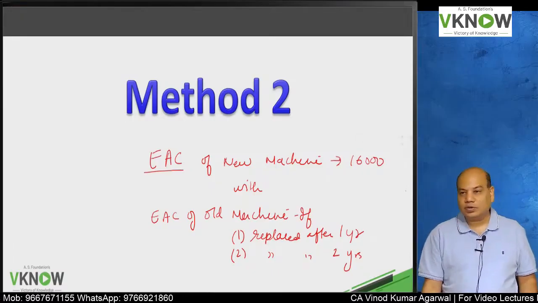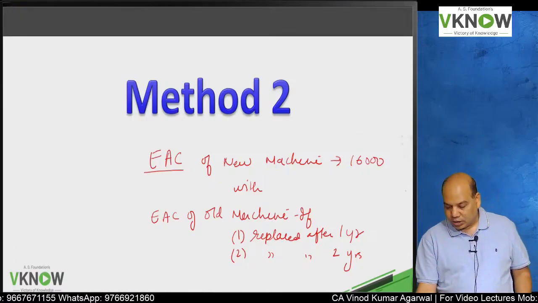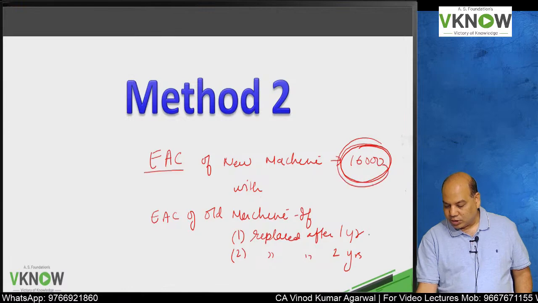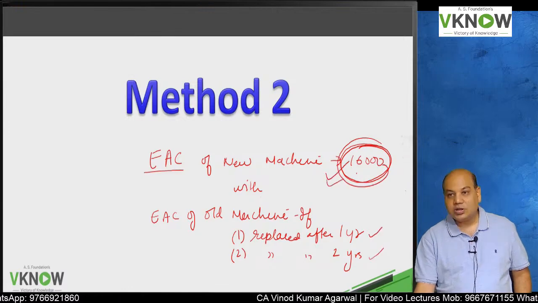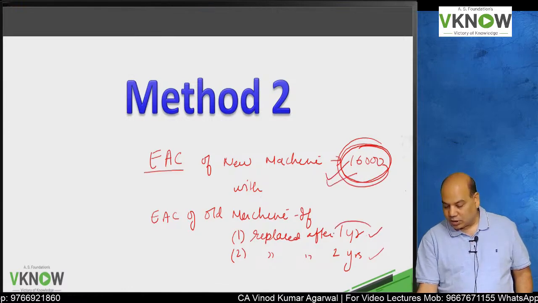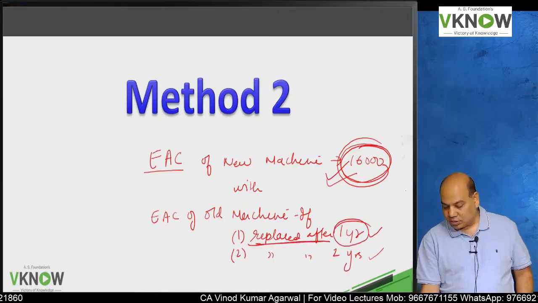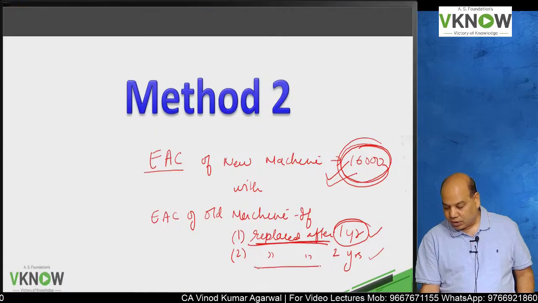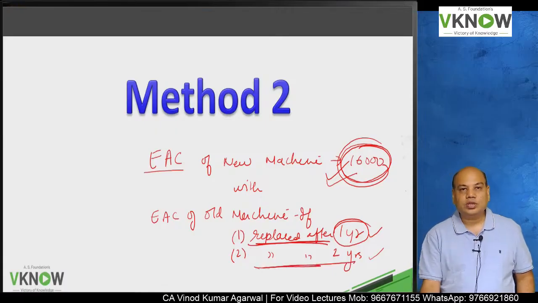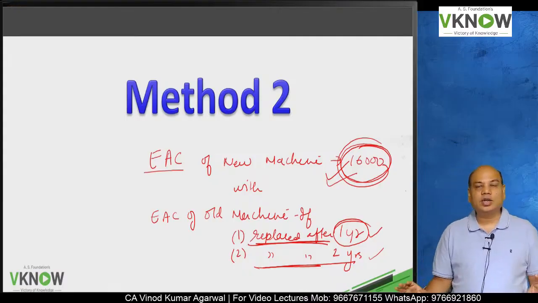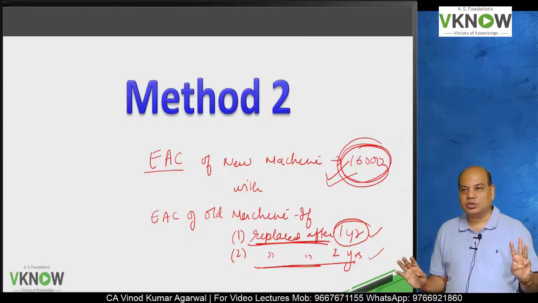If 16,000 is the lowest of these three, then replace now. If EAC of 1 year is lowest, then replace after 1 year. If EAC of 2 years is lowest, then replace after 2 years. So it is like again comparing three options.